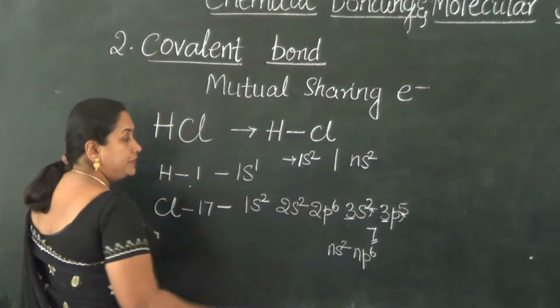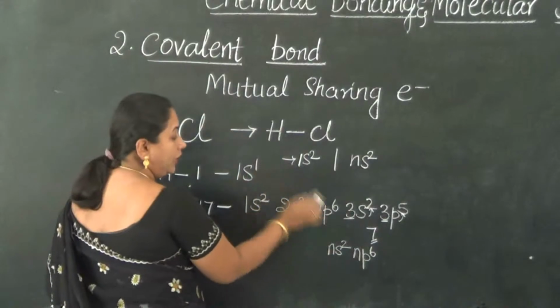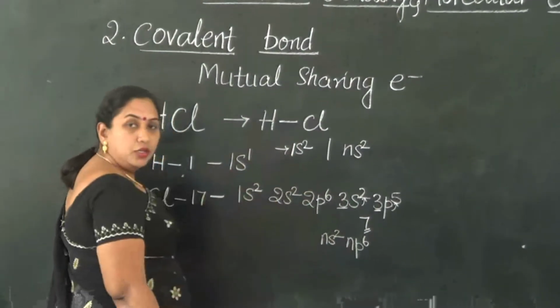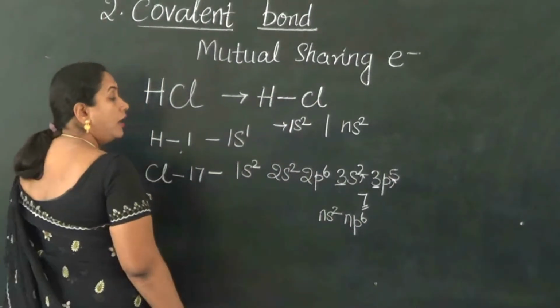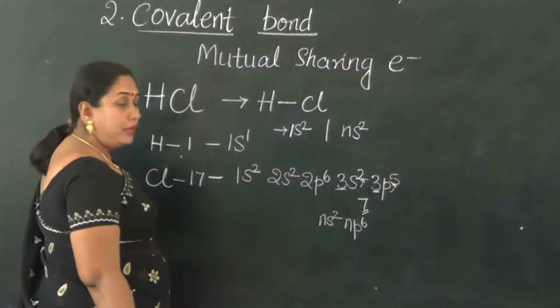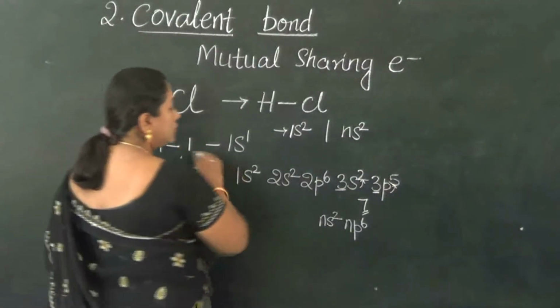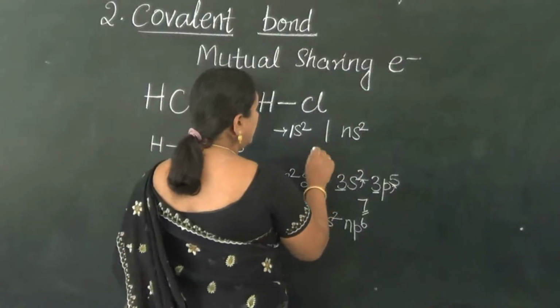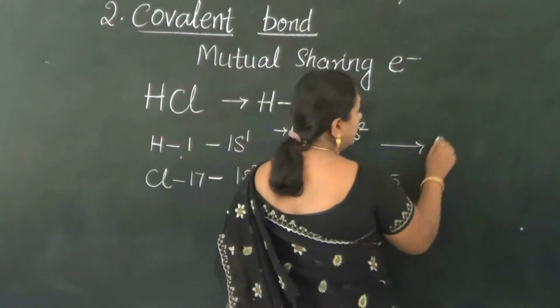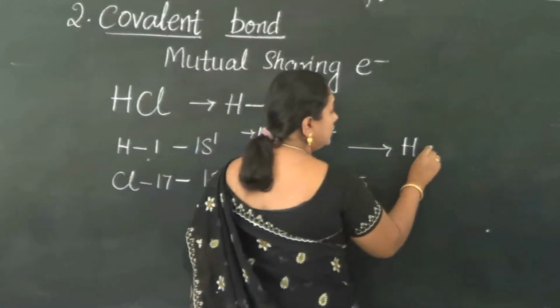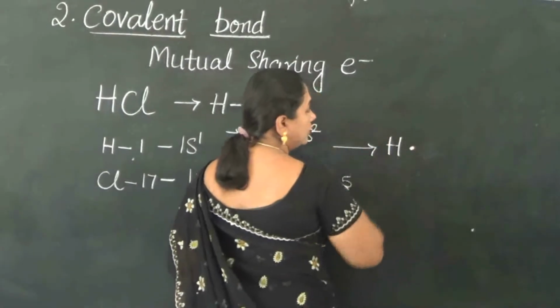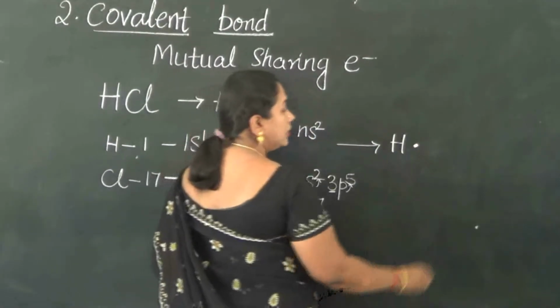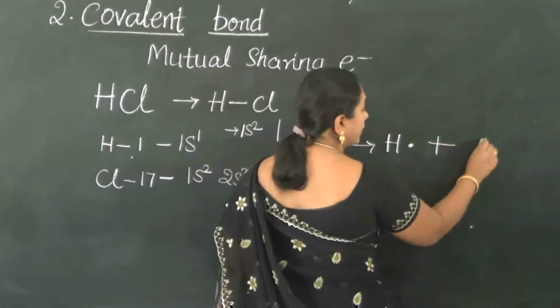Now what will they do? They both will donate 1 electron each to a common electron pool and that is shared among them equally. Now let us write the Lewis electron dot structure for hydrogen, with 1 electron, and the Lewis electron dot structure for chlorine.